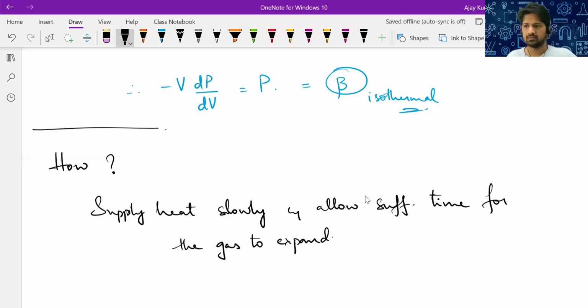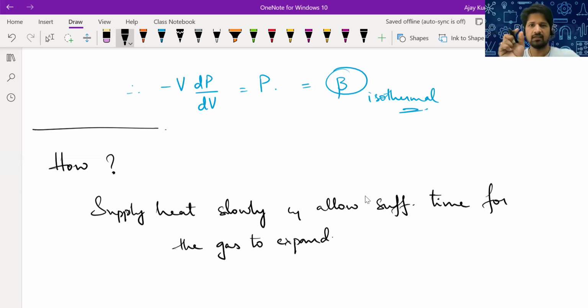If you do that, then its temperature won't change significantly. Okay, so you'll supply a little bit of heat, wait for the gas to expand, wait for temperature to come back to the starting temperature. Temperature may increase slightly, but if you allow it to expand, temperature will come back to initial temperature again.